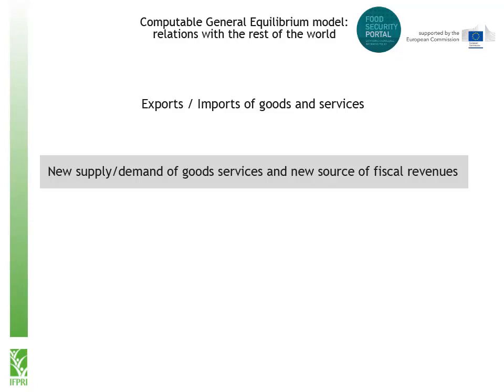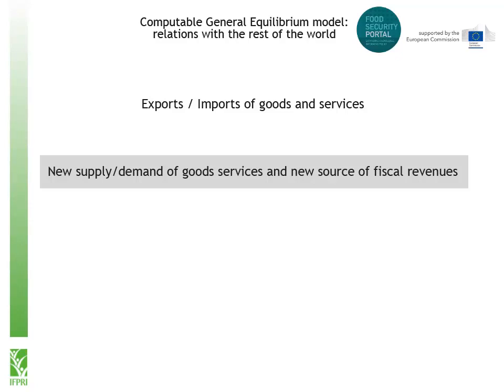A new supply because imports are a new source of supply of goods and services. This is a supply from foreign producers. And a new demand of goods and services because exports are a new destination for the national production of goods and services, because exports are foreign demands of national goods and services.